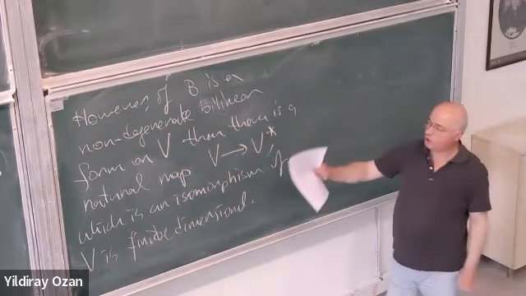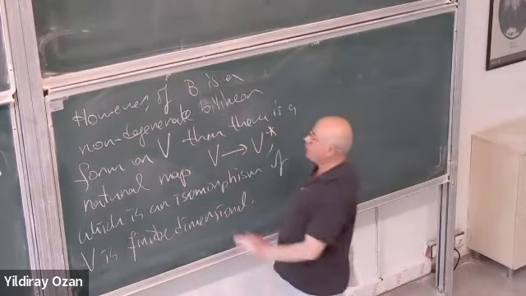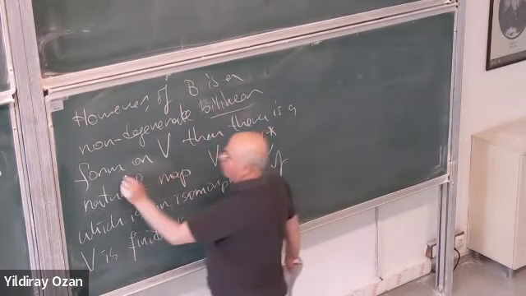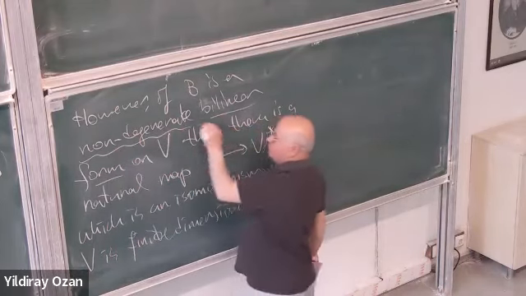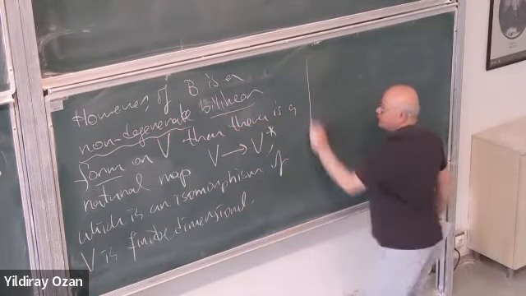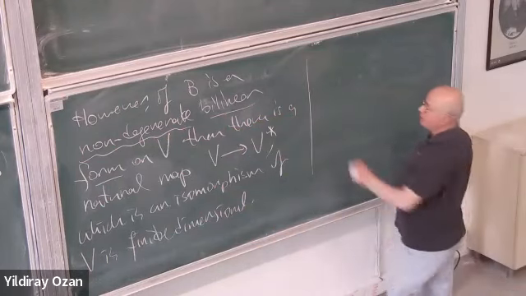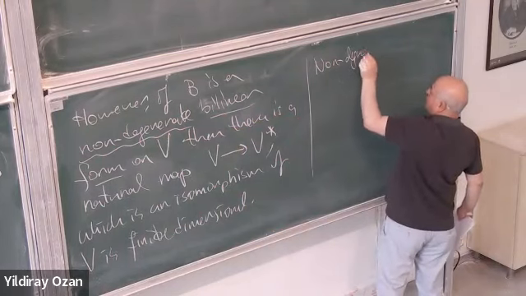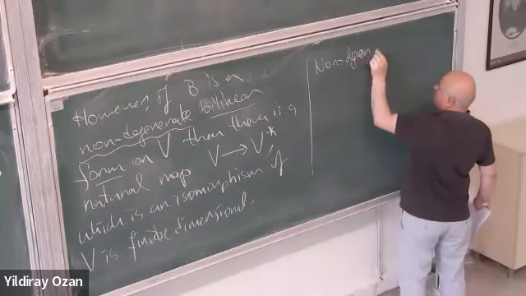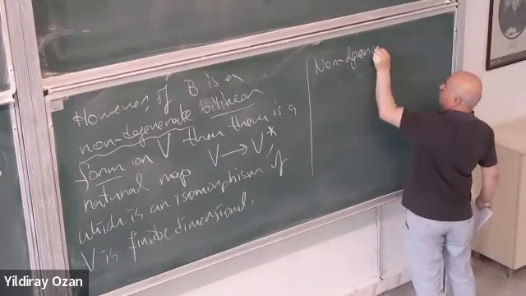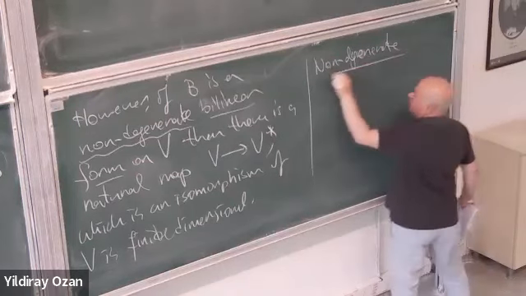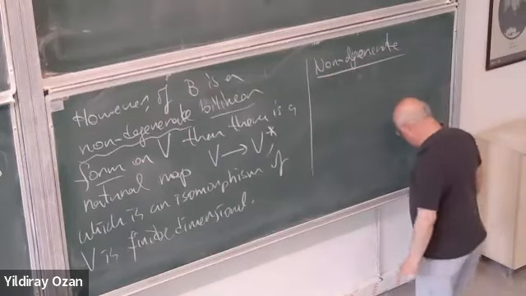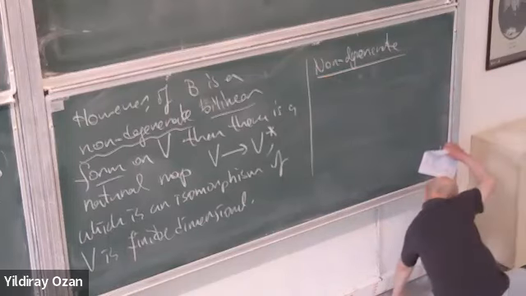An inner product is a bilinear form, but it has to be non-degenerate. What was non-degenerate? Remember, it's not necessarily positive definite. Non-degenerate is something else.